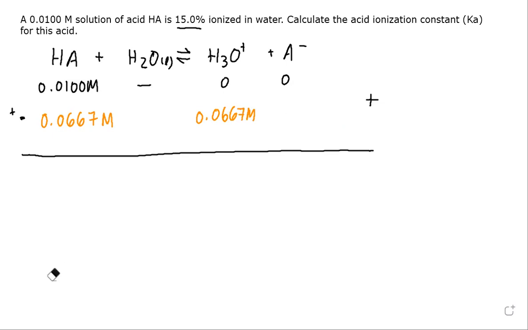And same thing here. So now when we add these up, we get 0.01 minus this amount, because this is the amount that's being lost from the reactant. The reactant is losing this amount of concentration as it's converted into product. So our final amount of weak acid is 0.01 minus 0.0667.